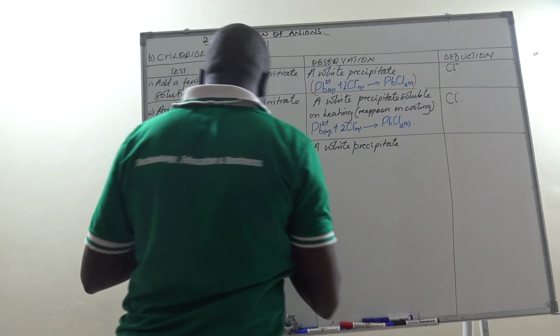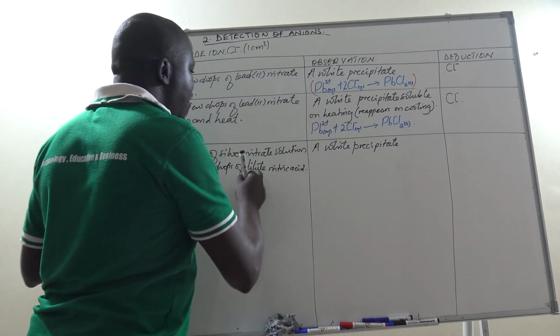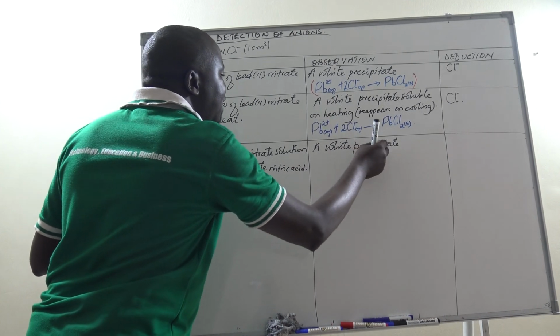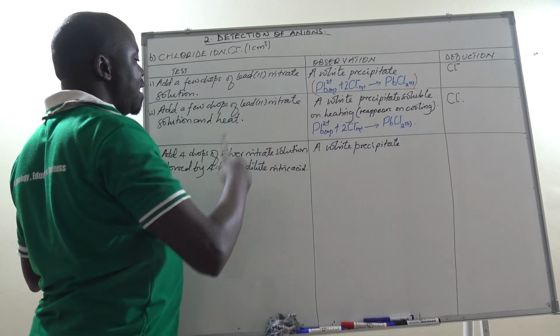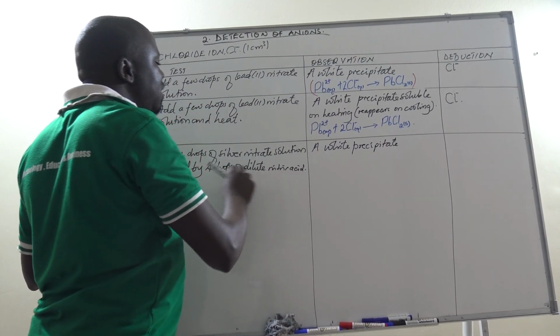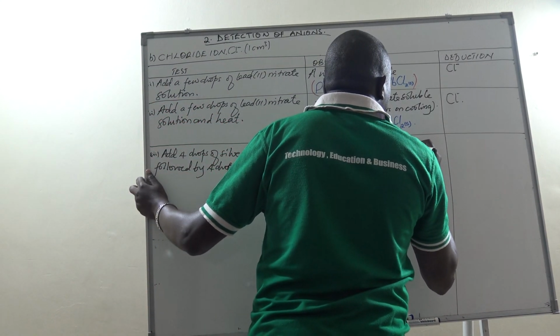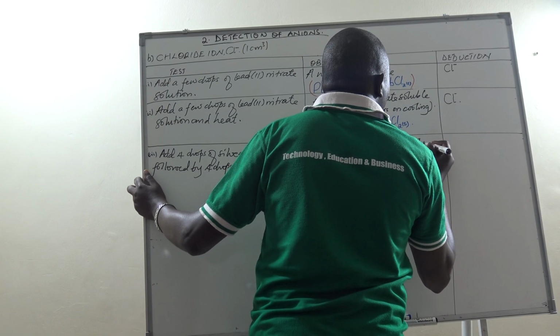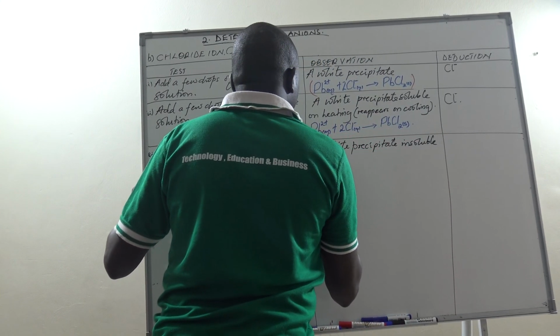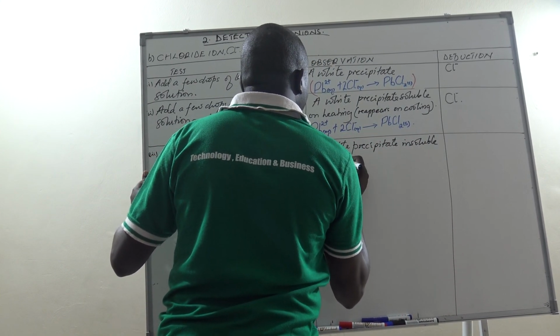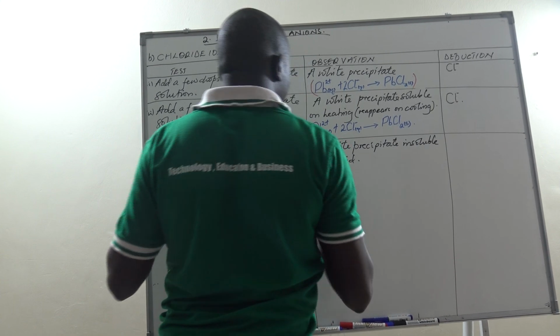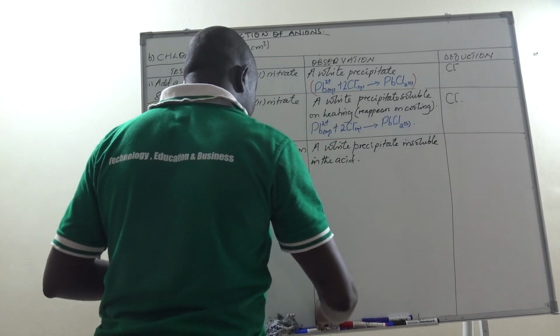So in this case, if you add the dilute nitric acid, if the white precipitate is silver chloride which has been formed, then it will not be able to dissolve in the dilute nitric acid. So we get a white precipitate insoluble in the acid. So the reaction equation is just very simple.